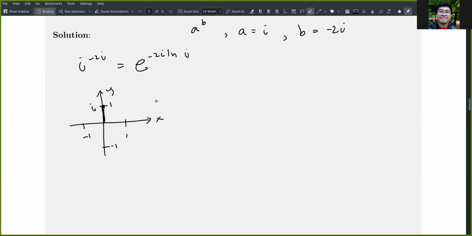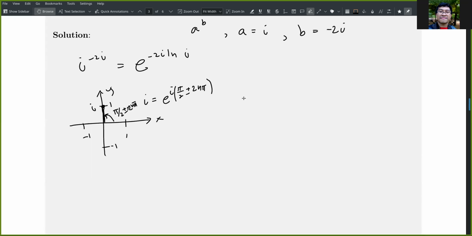So i can be written as 1 e to the power of i theta. Theta here is pi over 2 plus and minus 2n pi. So add 360 degrees or subtract 360 degrees, that's just the same. So e to the power of i pi over 2 plus minus 2n pi.